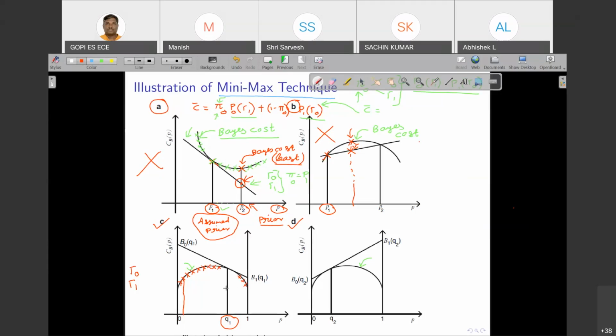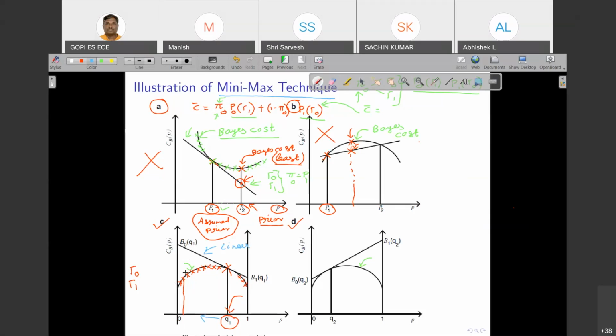But now let us assume the practical scenario. The prior probability is Q1, and you have obtained this base cost to be like this. Now it is getting deviated. Your original prior probability is not this, right? As the prior probability is getting deviated, your cost function is changing linearly. This straight line is acting like a tangent, and this is a valid curve because the base cost is below this tangent.